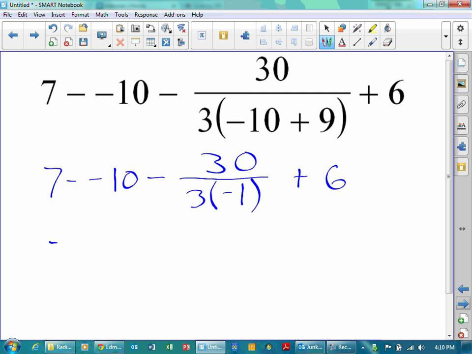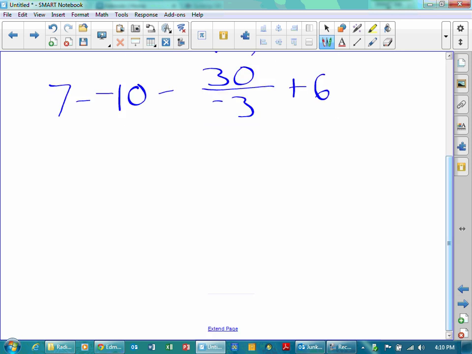Continue with the denominator. Then we take care of the division here. 30 divided by negative 3 is negative 10.